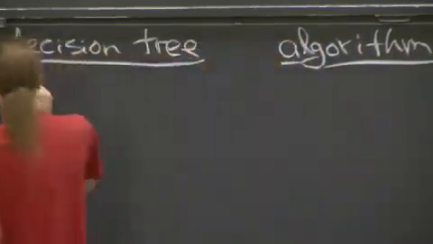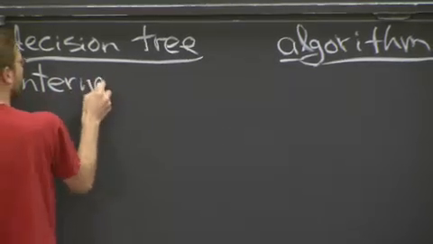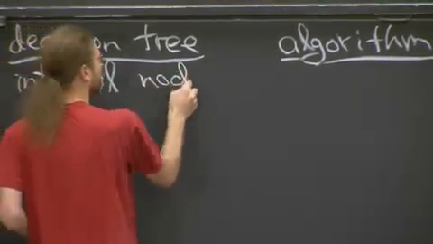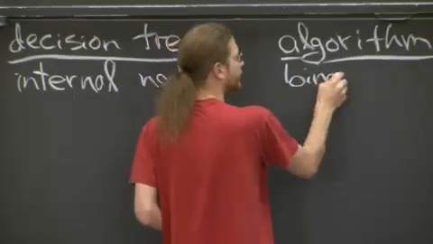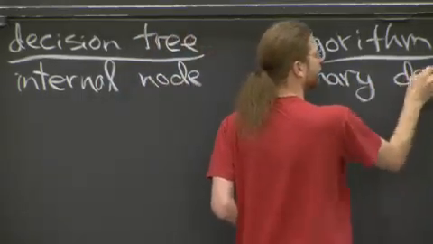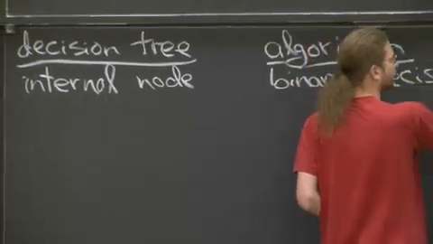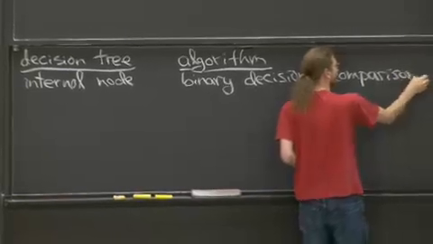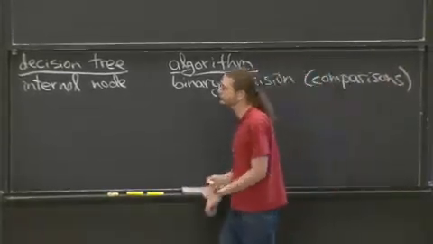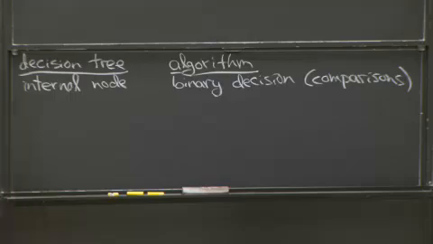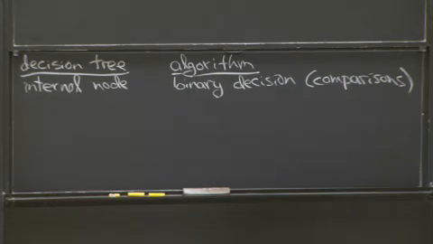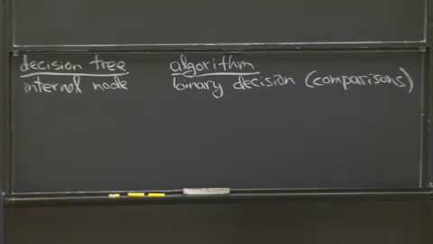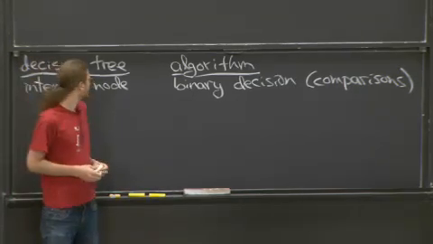And so when we have an internal node in the decision tree, that corresponds to a binary decision in the algorithm. In this case, we're only looking at comparisons. Slight technical detail, decision trees are a little more general than comparisons. Could be any binary decision here, and everything I say will be true about any binary decision you make. But comparisons are the ones we care about because all of our algorithms are doing that.